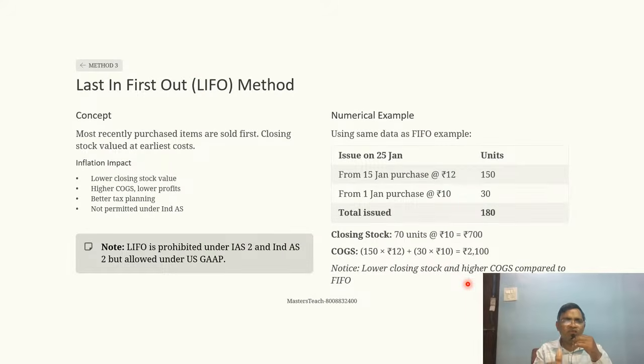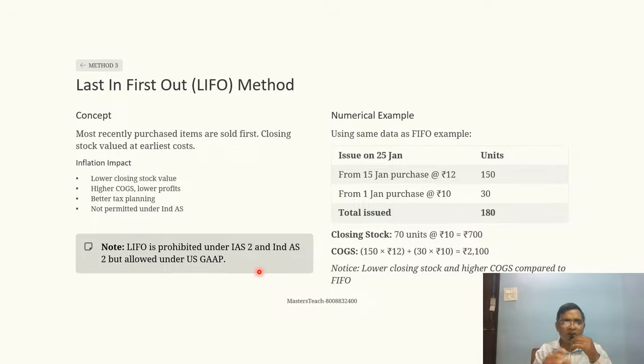And last in, first out, what does that mean? Whatever is recently purchased, that item is sold first, so closing stock is valued at the earlier cost. So what happens: lower closing stock value, higher COGS, lower profits, and better tax planning. It is not permitted under accounting standards. There is a numerical example here, just go through this.